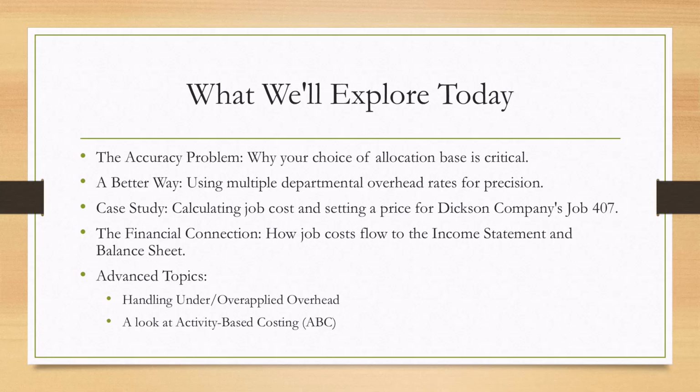After that, we will bridge the gap to financial accounting by seeing how these job costs flow into the income statement and balance sheet. Finally, we'll touch on some advanced topics, including how to handle under or over-applied overhead and get a brief look at an even more precise method called activity-based costing.